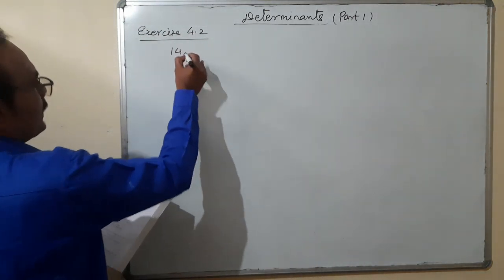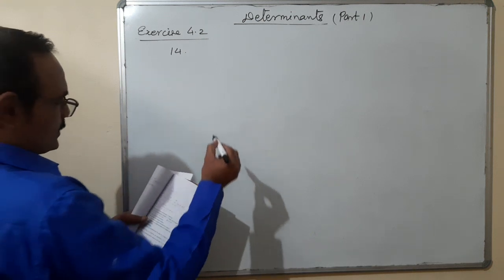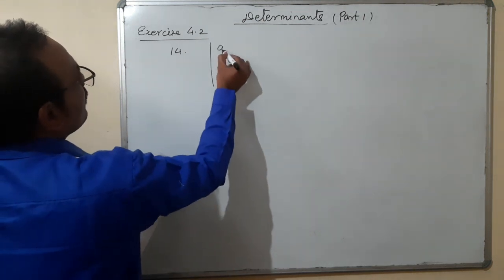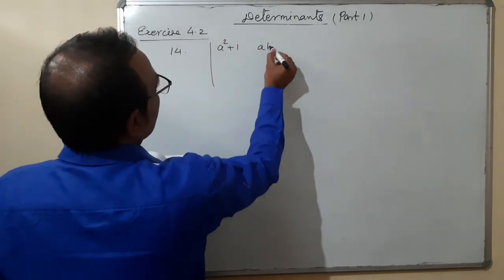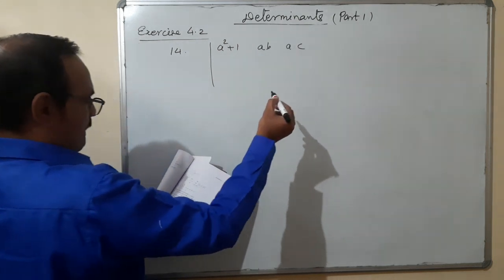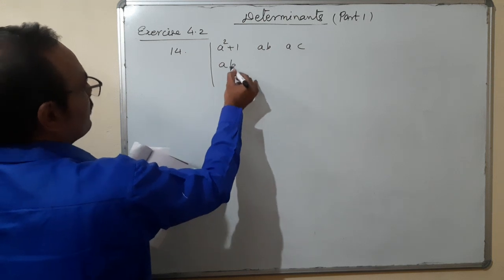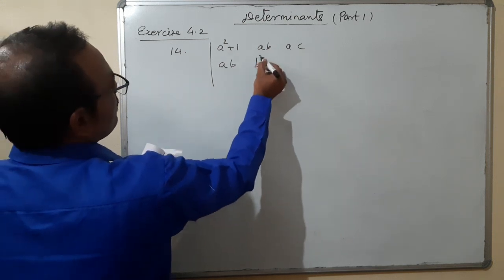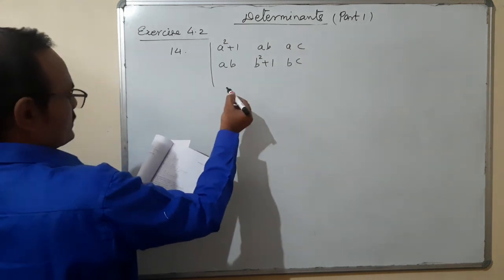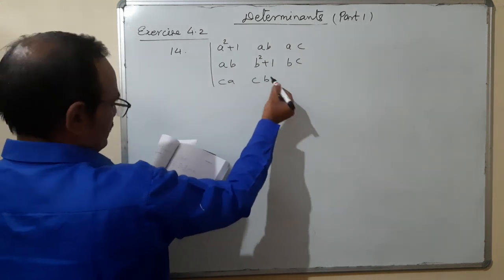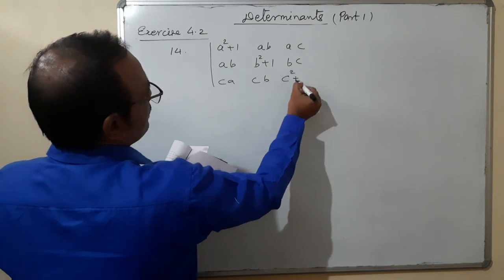Number 14, I am taking: the determinant with rows A square plus 1, AB, AC; AB, B square plus 1, BC; CA, CB and C square plus 1.